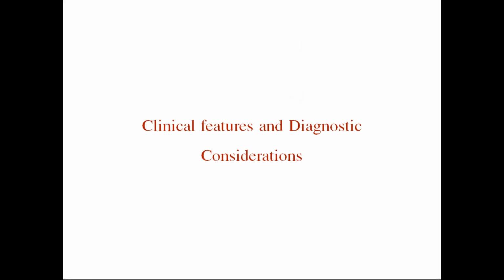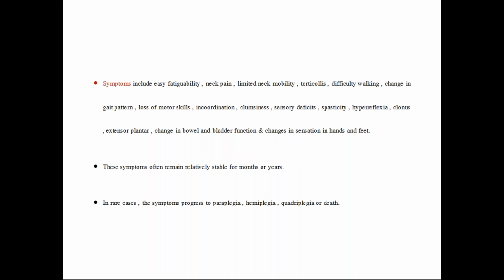So what are the clinical features and diagnostic considerations? The symptoms include easy fatigability of the child, but that is a vague symptom, and neck pain. Limited neck mobility is seen as torticollis in some children. Whenever a child comes to you with a complaint of torticollis, you should suspect Down syndrome and look at the facial features.